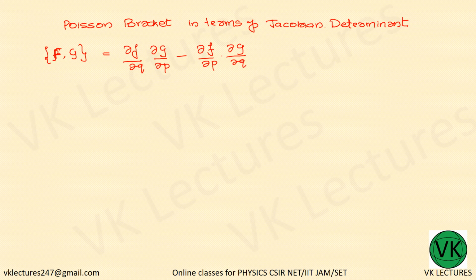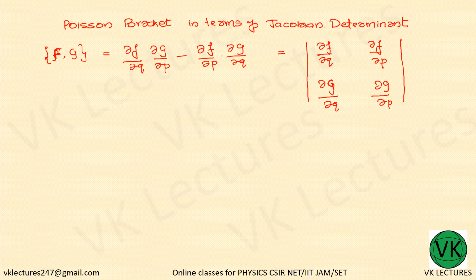So this we can write in the form of a matrix or determinant as this one: dou f by dou q, dou f by dou p, and dou g by dou q, dou g by dou p. So this is the Jacobian determinant, and this is how you write it.